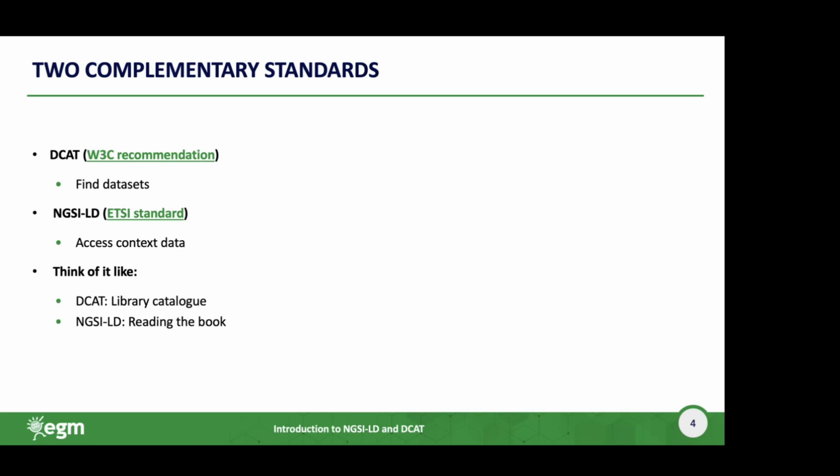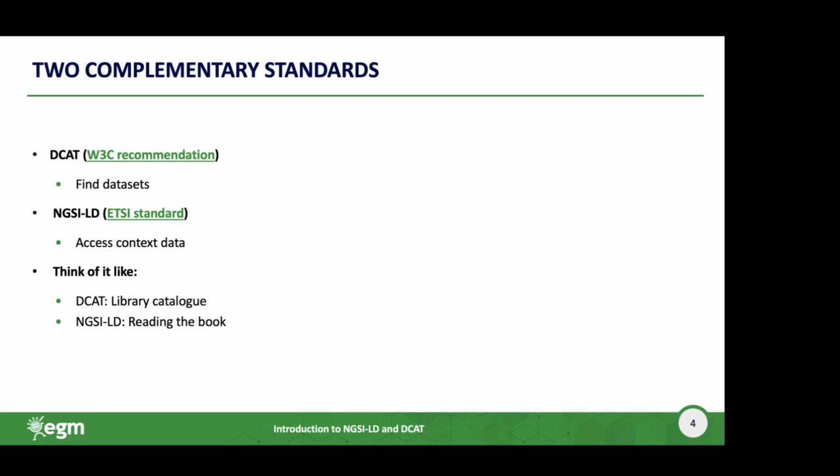To address these two challenges, we typically make use of two complementary standards. The first standard is DCAT, which is a W3C recommendation, which helps us to address the first challenge, which is how to find datasets.